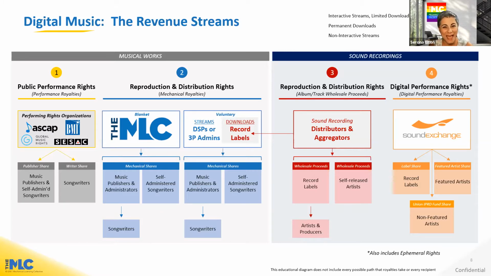Number 2 is mechanicals, which is where the MLC exists. There are mechanical royalties that flow from Spotify, also to ultimately publishers and songwriters. And number 3 has to do with the sound recording. Record companies and recording artists get paid when their recordings are streamed on Spotify.